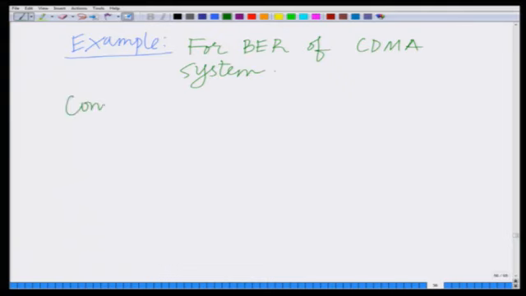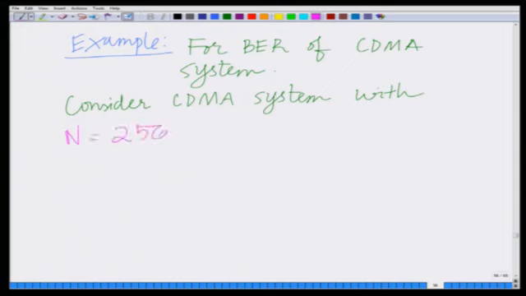Now consider a CDMA system with n equal to 256, that is, code length n is equal to 256, and my SNR, that is the transmit SNR, equals P over sigma square equals 15 dB. This is the SNR in dB. What is the bit error rate of this CDMA system?